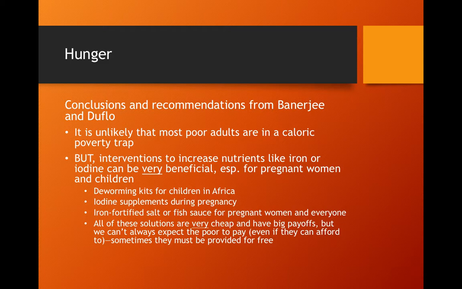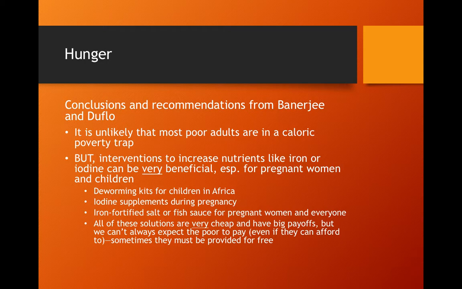But they don't think that hunger is not a problem. So first of all, they go to great lengths to show that hunger as a child or hunger for mothers when a fetus is developing are very important in terms of that individual's long-term outcomes, right?